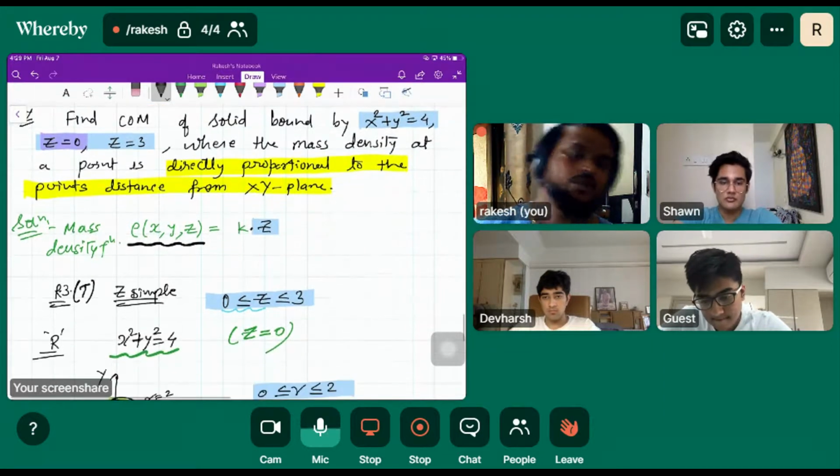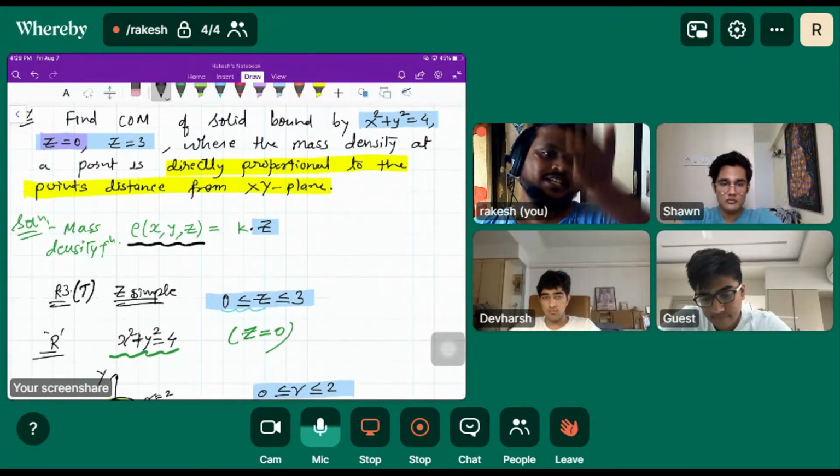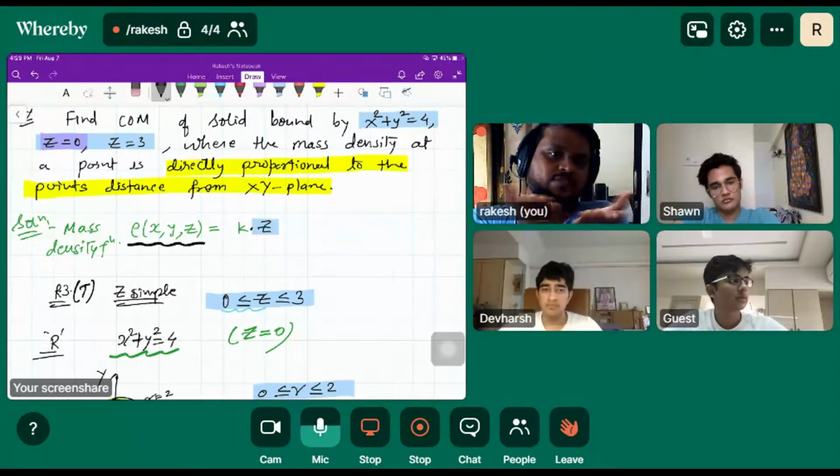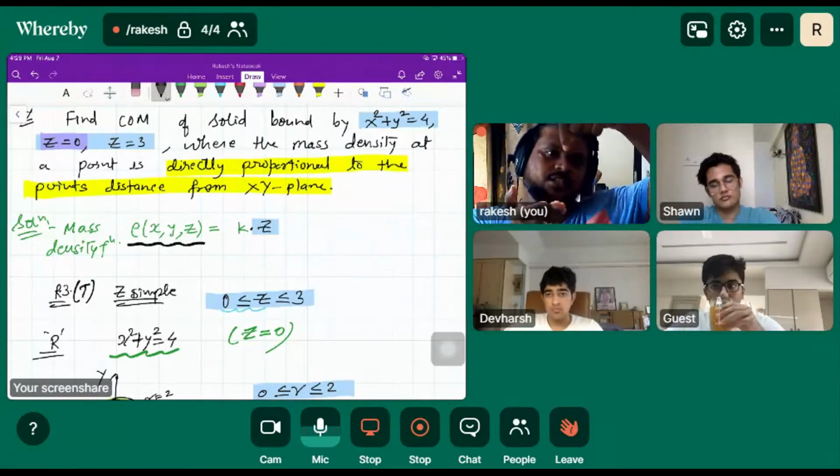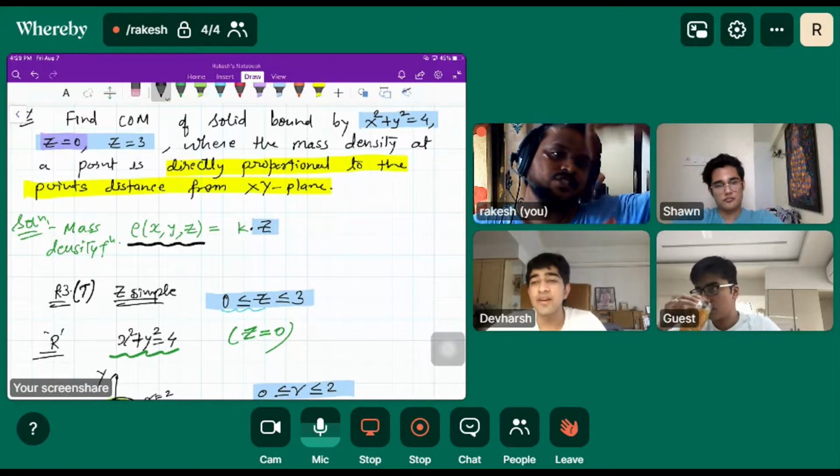As you go along the z axis from the xy plane, the density increases, so the center of mass is greater than 1.5.